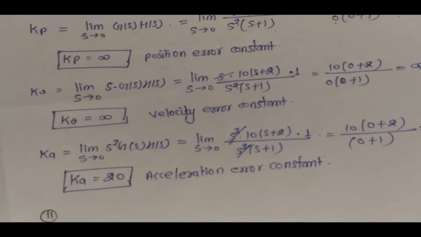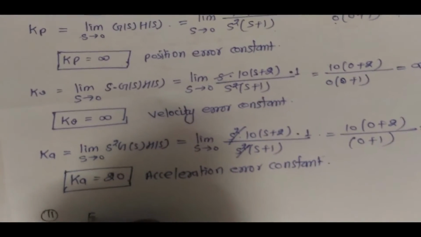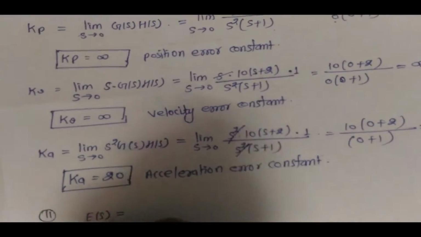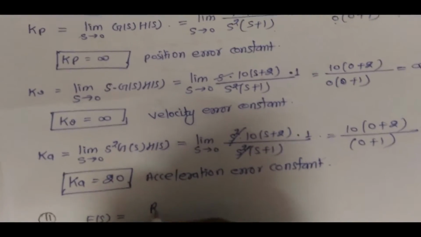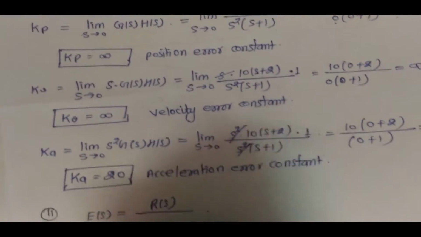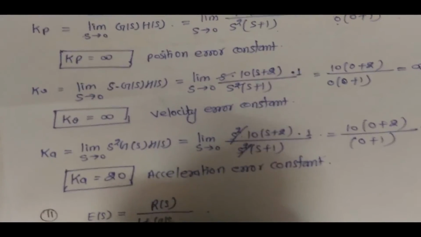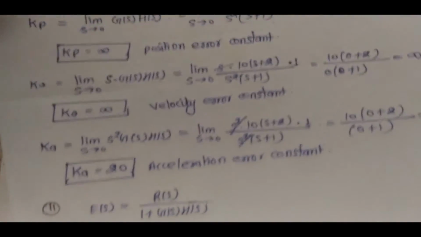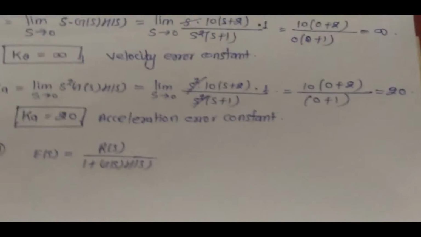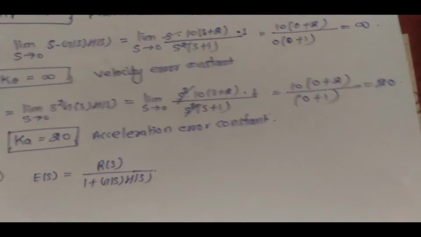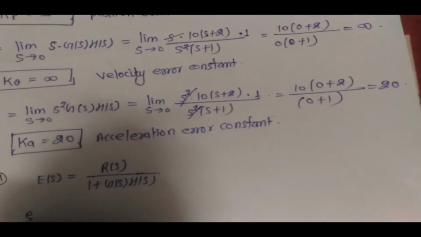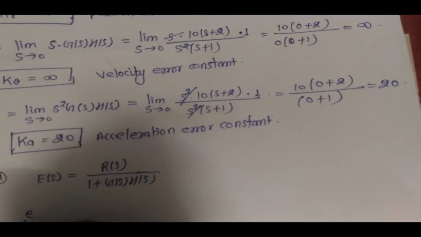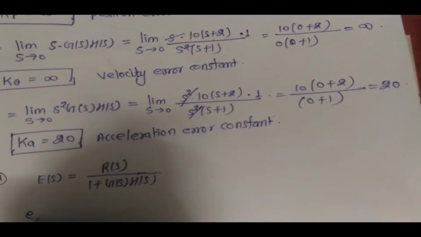Now we know that E(s) is equal to R(s) divided by 1 plus G(s)H(s). This is the error of any system. What is the steady state error?